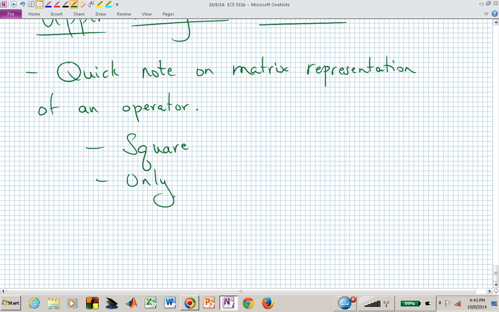And we only really need to worry about one basis set. We could have many, but as long as we have one, then we should be okay. We only need to specify one basis.